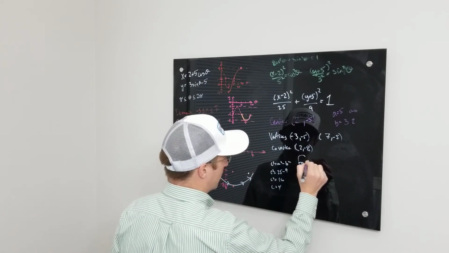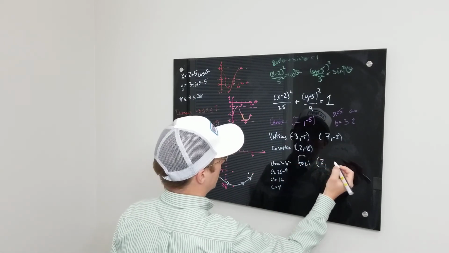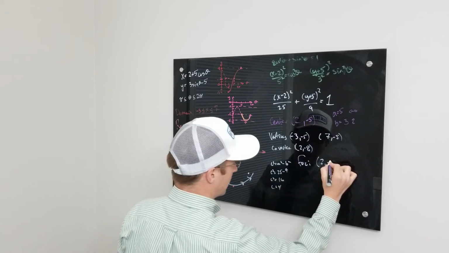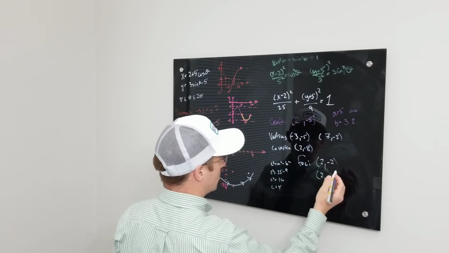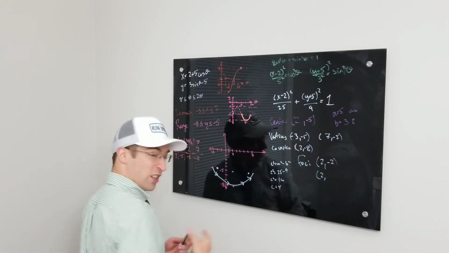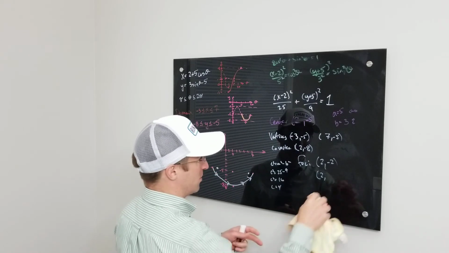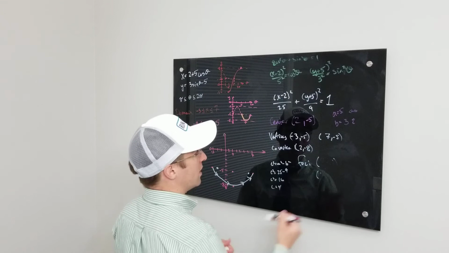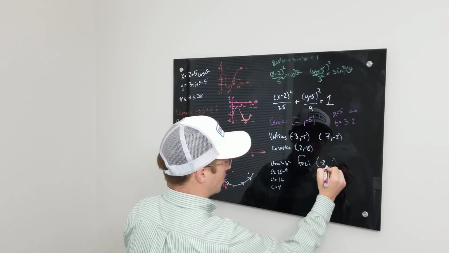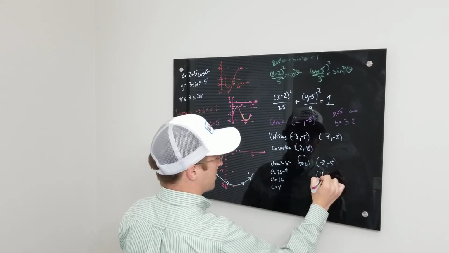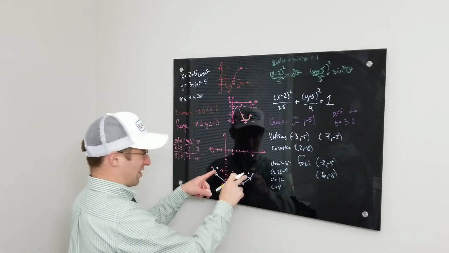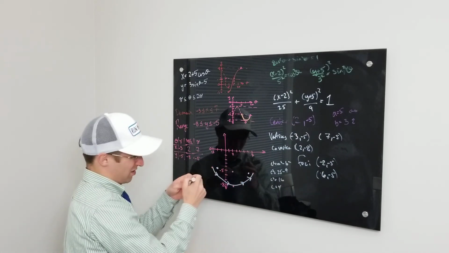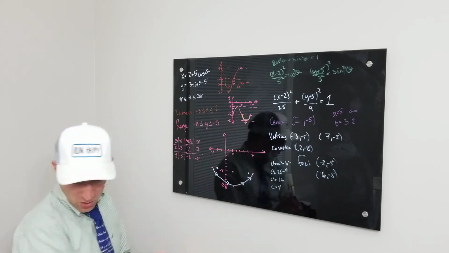Oh my goodness, I'm trying to go too fast and I'm goofing things up. Sorry. The foci are at negative 2, negative 5, and at 6, negative 5. That's where those points are. Just look at my graph. Okay, so that's it.